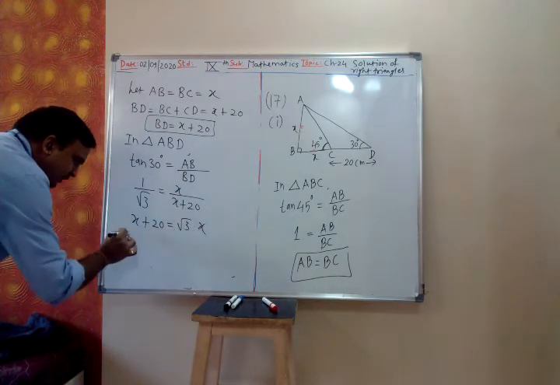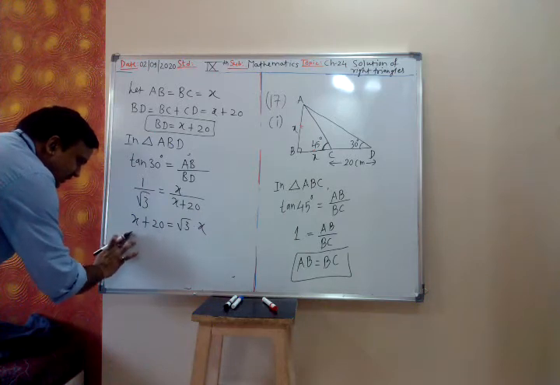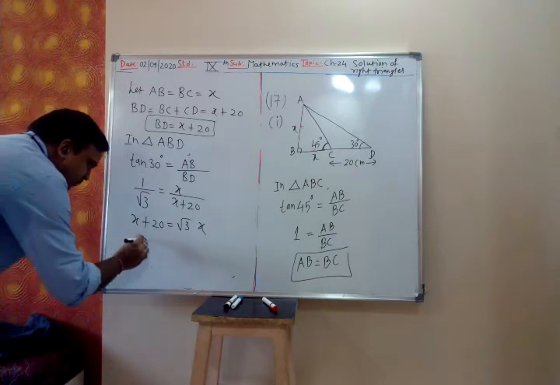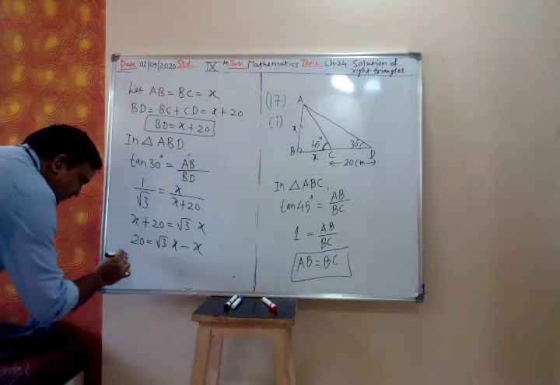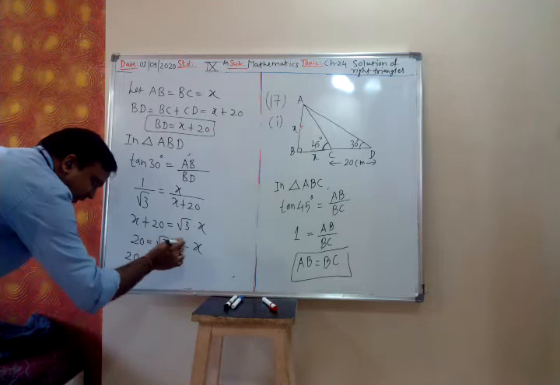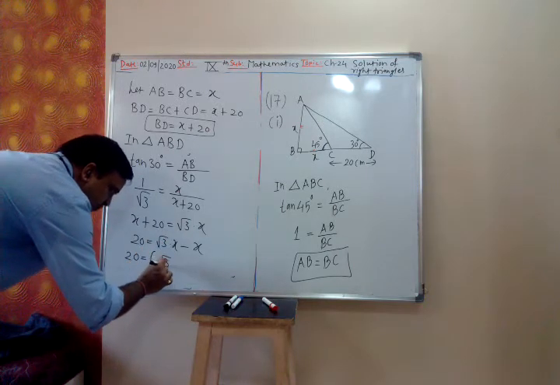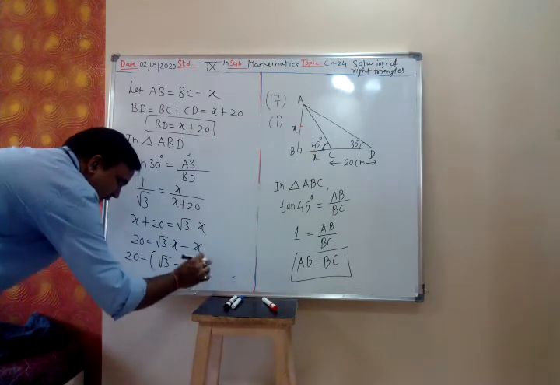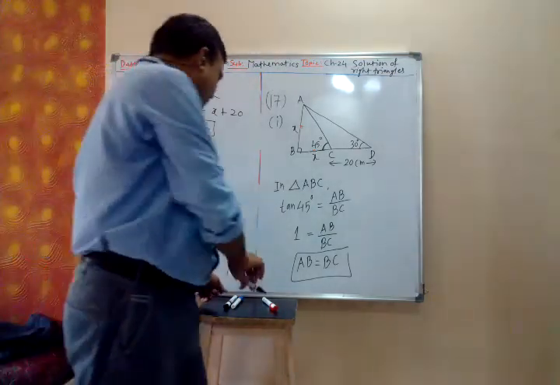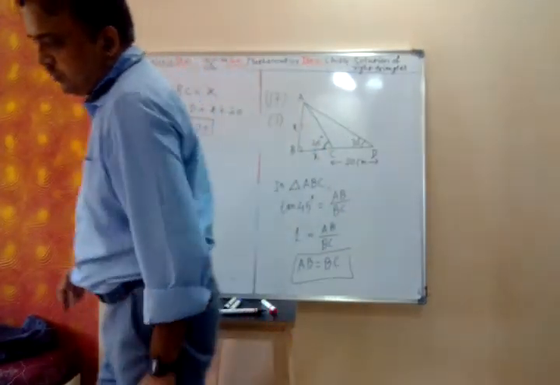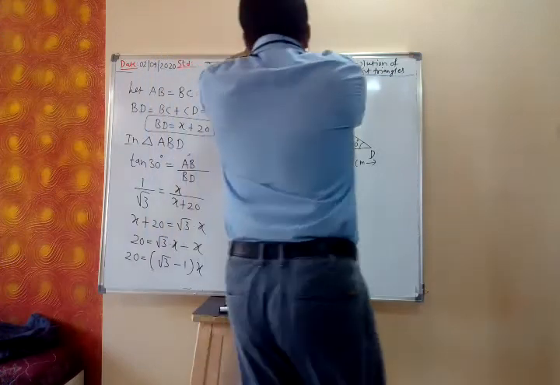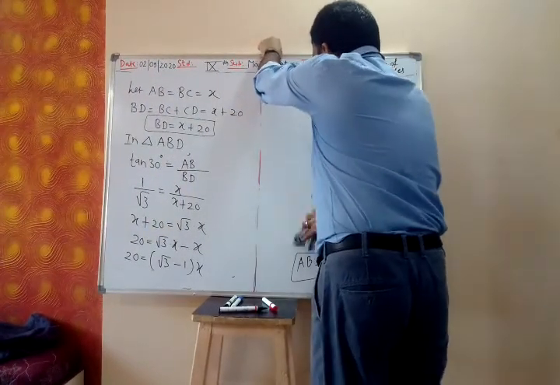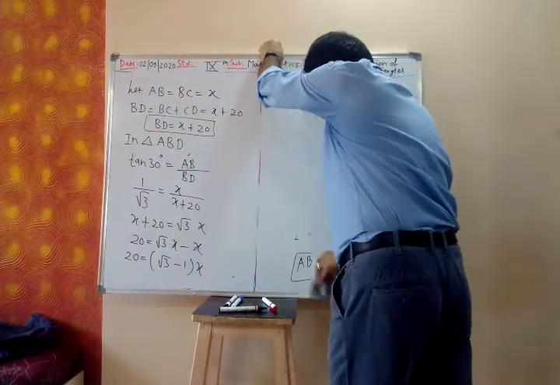Now I will take X on the other side. So you will get 20 is equal to root 3X minus X. I will take X common, then it is root 3 minus 1 into X. What is the value of root 3? 1.732.